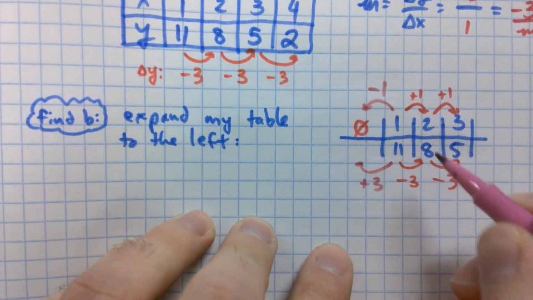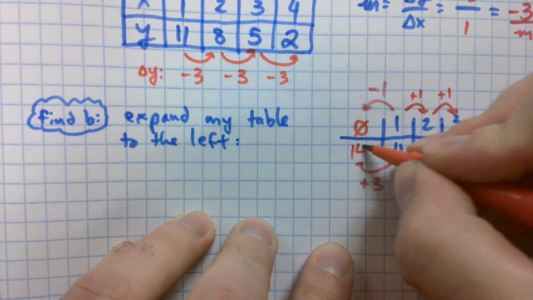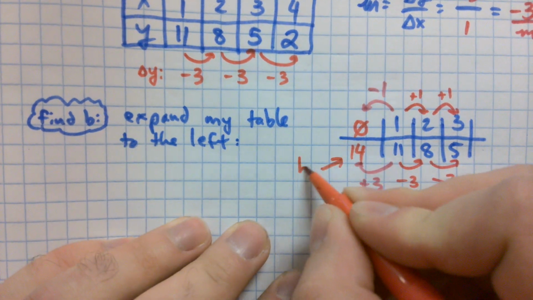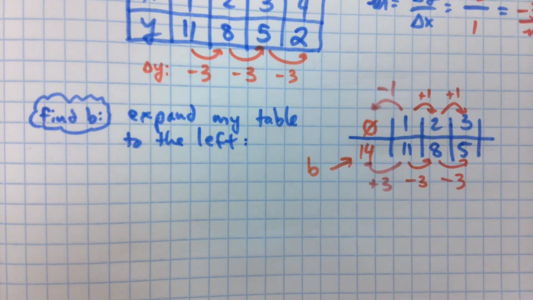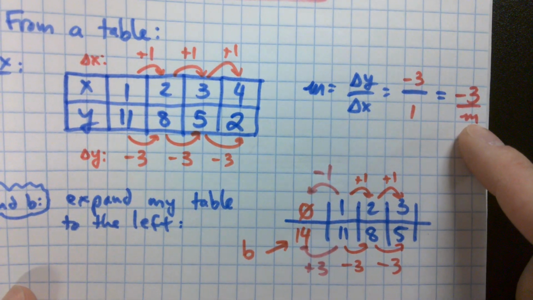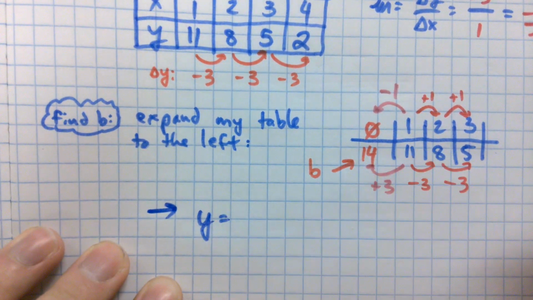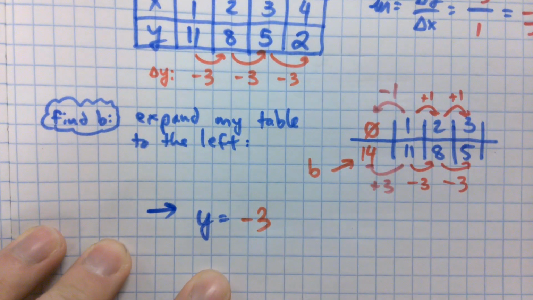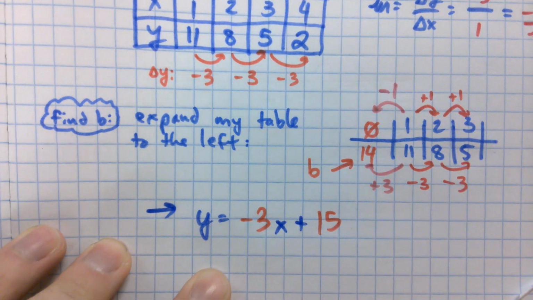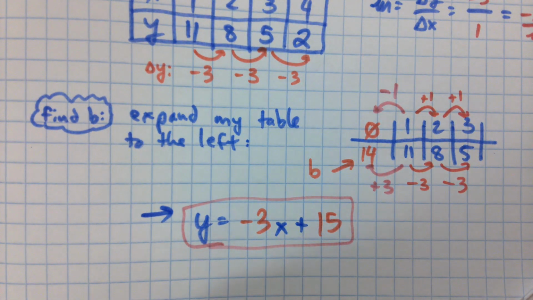Plus 3. 11 plus 3 gives us what? 14. Boom. That y value there is my b. We found that negative 3 was our m. And we can write the equation y is equal to negative 3x plus 14. Oh, my bad, I said 15. Yeah, 14. Good catch.